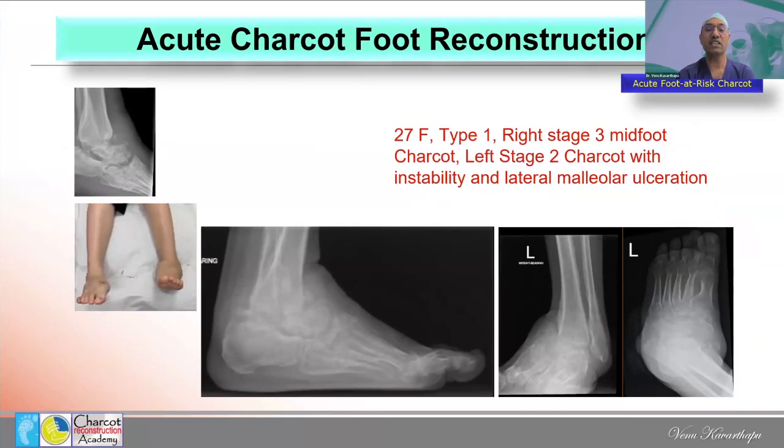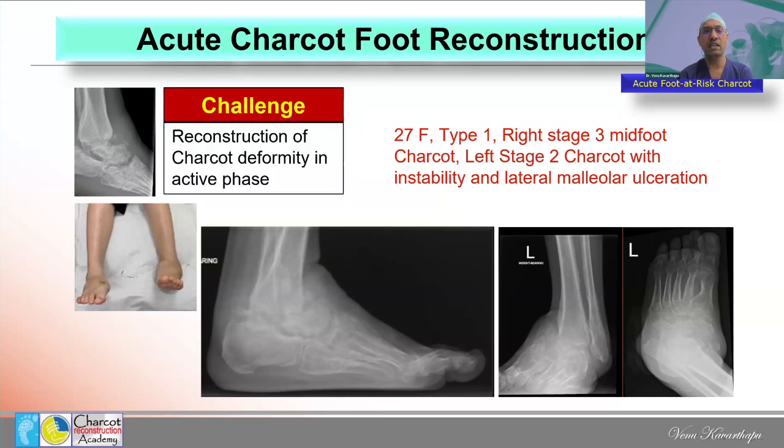But certainly, actively infected Charcot foot presentations and acute progressive deforming Charcot foot presentations were considered plausible indications for an amputation. So, an acute foot at risk Charcot presentation in this young type 1 patient: severe bone loss with instability, marked shortening.